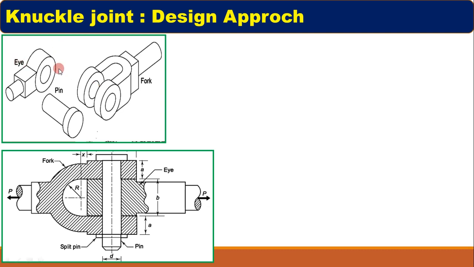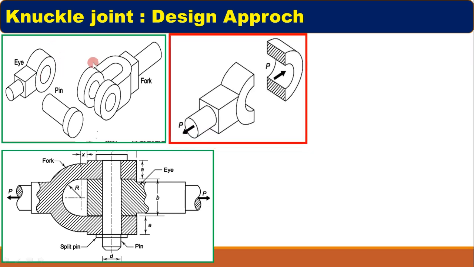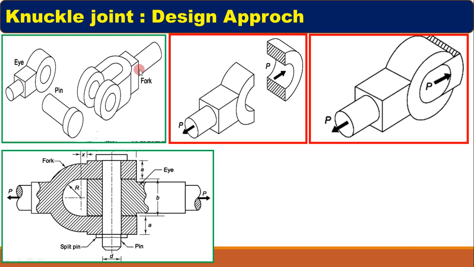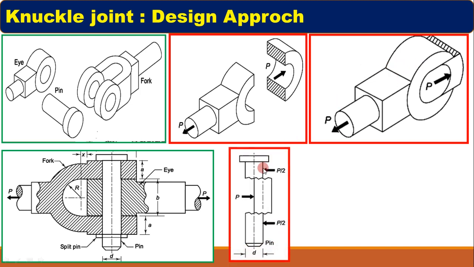That means this eye may fail in this way, and the stress which is responsible for this type of failure is different. Similarly, the same part, this eye, may fail in this way, so the stress responsible for this type of failure would be different. Similarly, if you consider the pin, you can see the type of failure of the pin, and the type of stress responsible for it is also different.